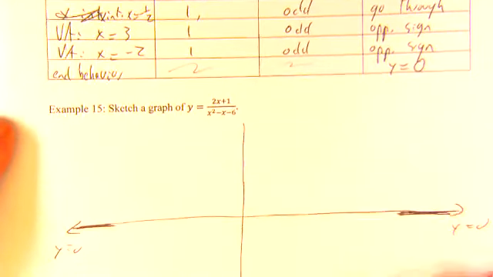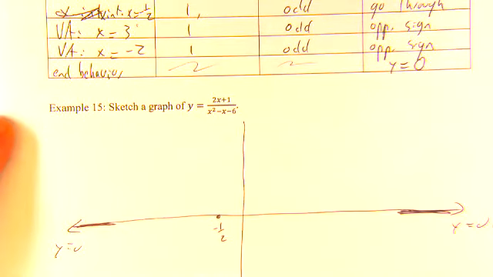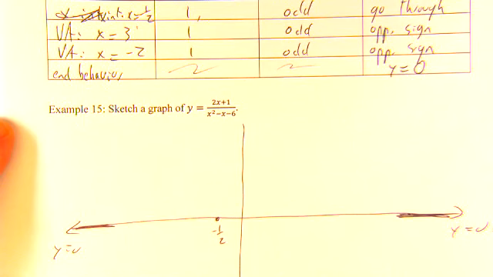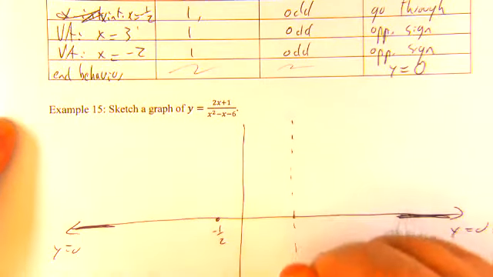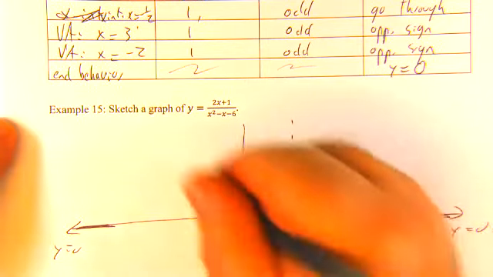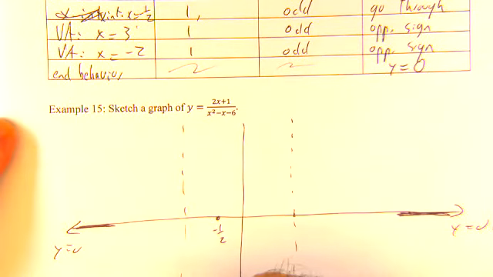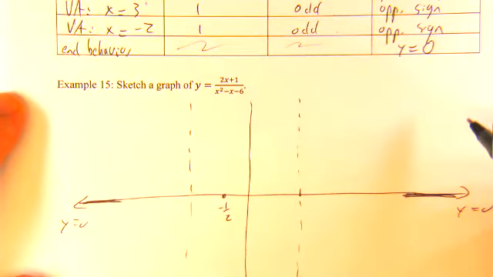We know that minus 1/2 is an x-intercept, and we go through. x equals 3, vertical asymptote. And x equals minus 2, the other vertical asymptote. And these are both odd multiplicities, so we have opposite signs.